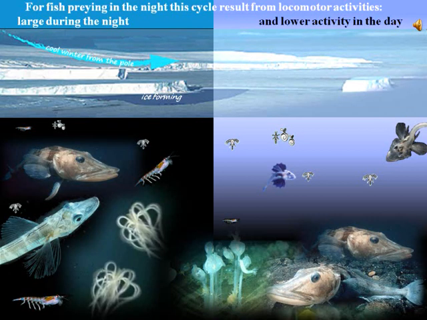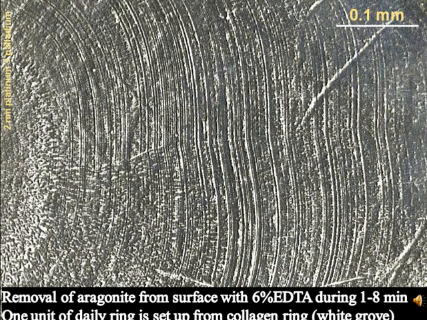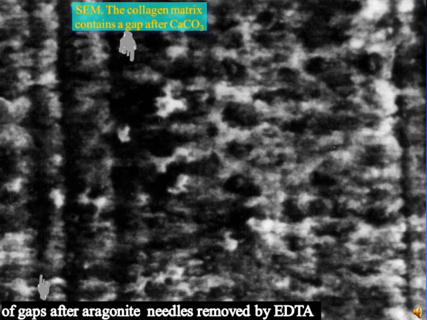For fish preying at night, this cycle results from larger locomotor activity during the night and lower activity in the day.